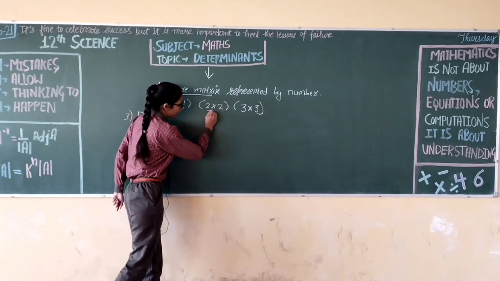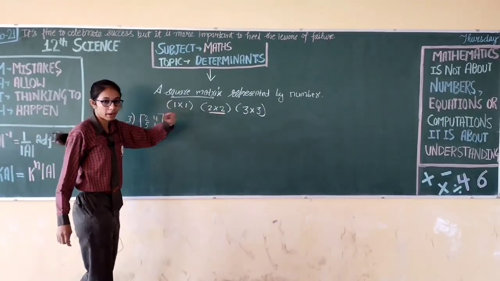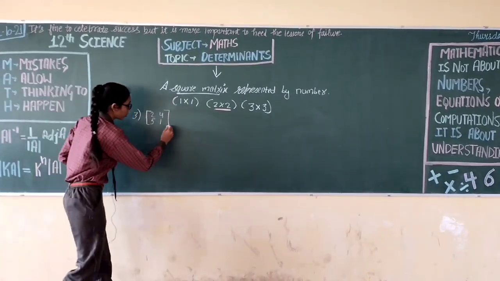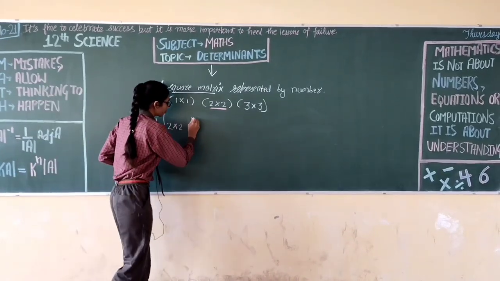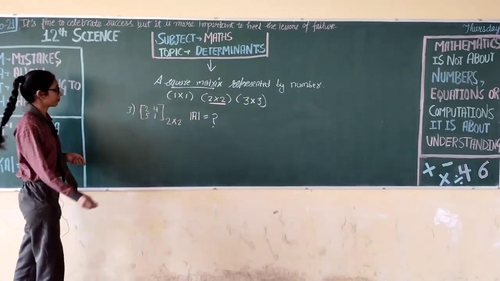Now how can we find the value of the determinant if we are given a matrix of order 2 by 2? Let's take an example. This is a matrix of order 2 by 2. If we have to find the value of the determinant, then how can we find it?